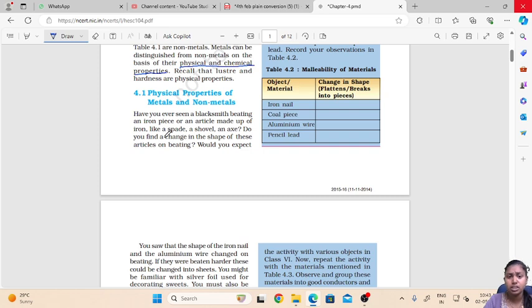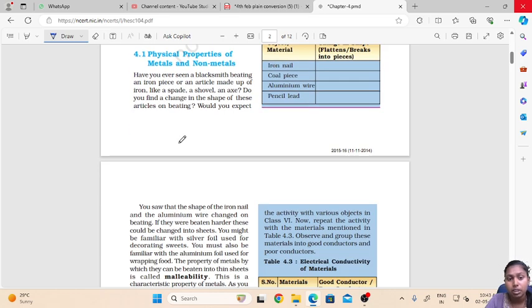Have you ever seen a person beating a nail? Nail means iron nail. When a person beats an iron piece or a nail or a shovel, axe, it gets its shape. A plain sheet of iron when beaten gains a shape.